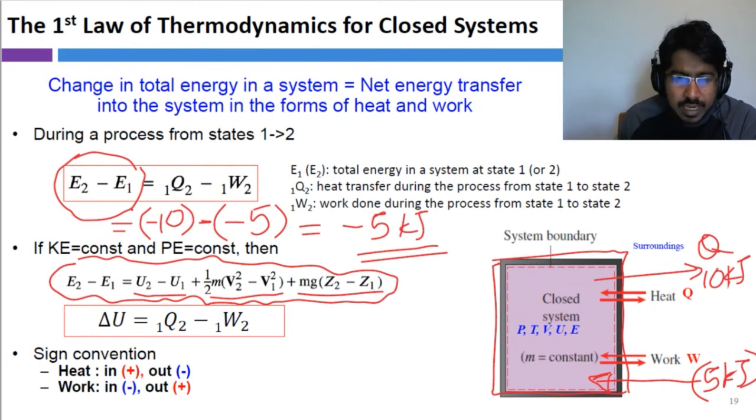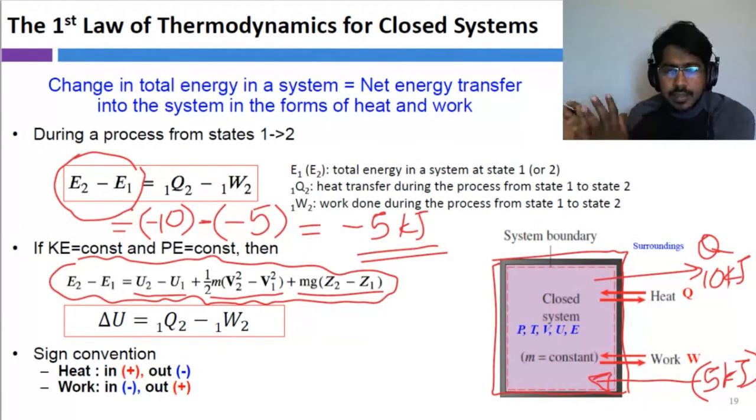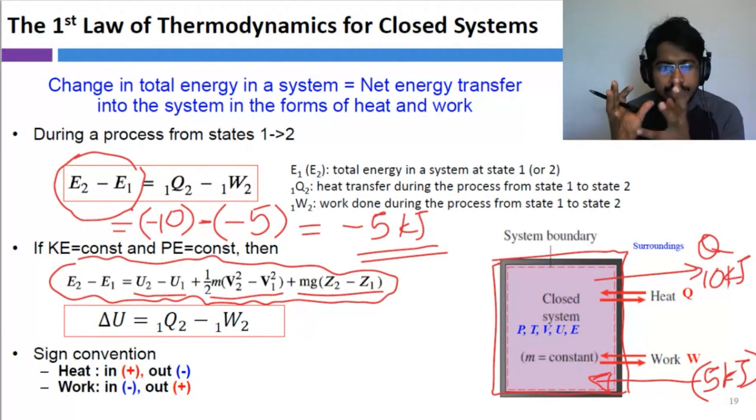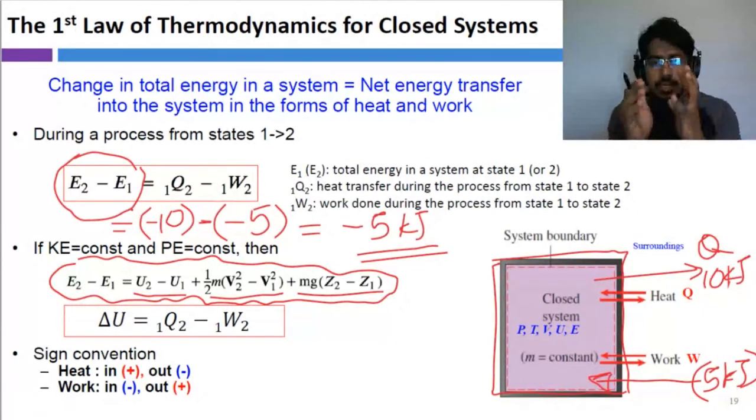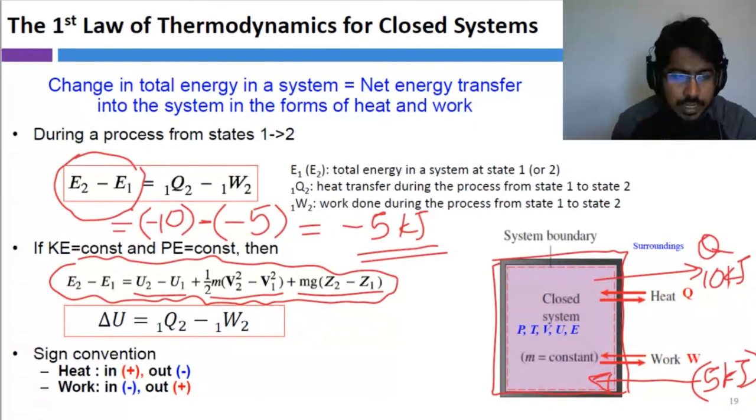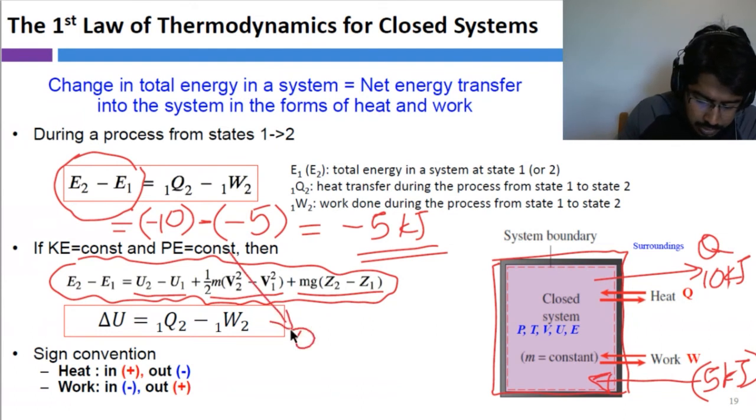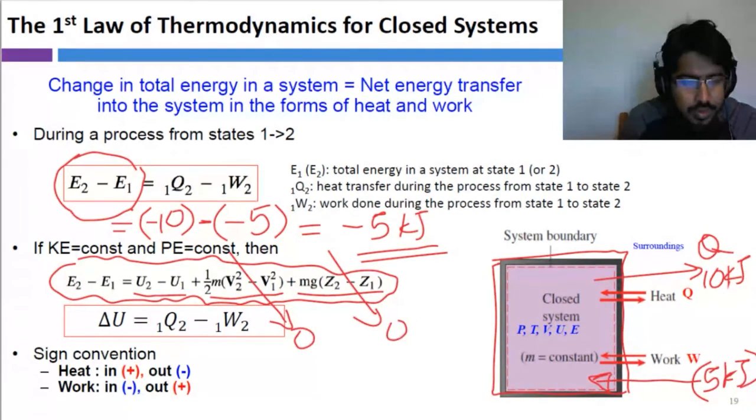If the system is stationary, the piston is moving up and down but the entire system is not moving from one place to another, what can you say about the kinetic energy difference and potential energy difference of the substance inside? Excellent. So we can say these are 0.